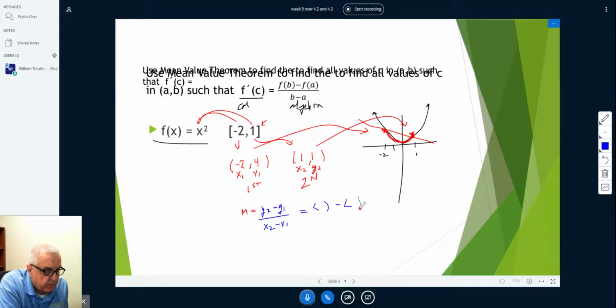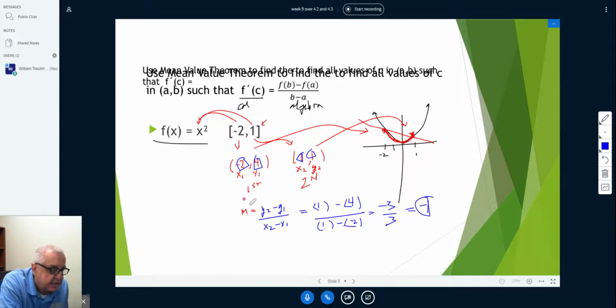Y2 is 1. Y1 is 4. X2 is 1 and x1 is -2. 1 minus 4 is -3. 1 minus -2 is 3. So my slope is -1. And if you look at this red line, the slope is negative. So my slope is -1.